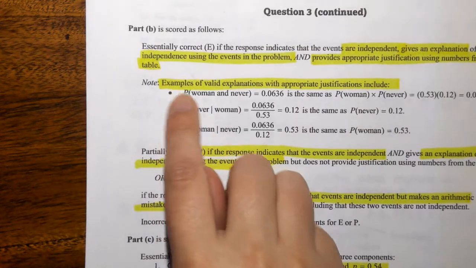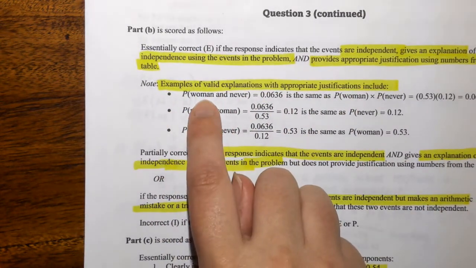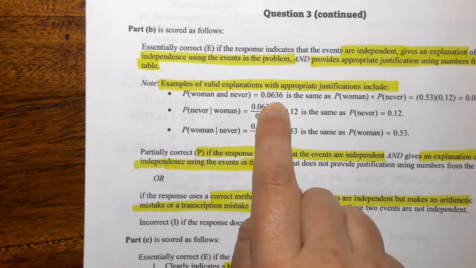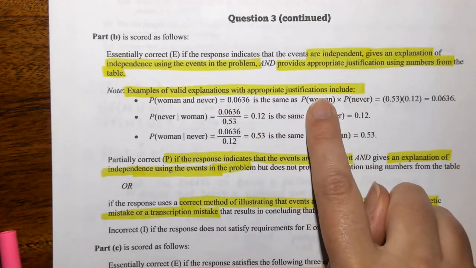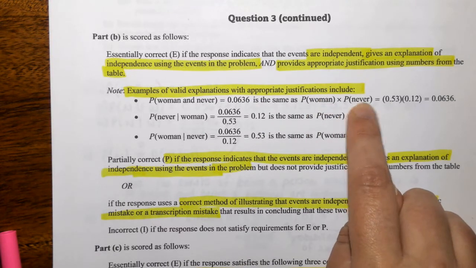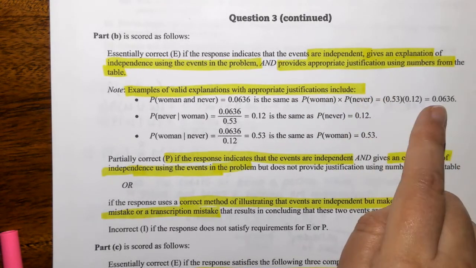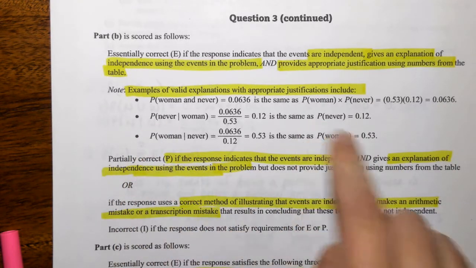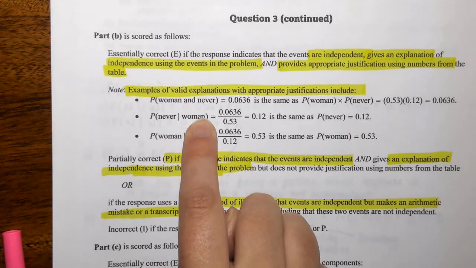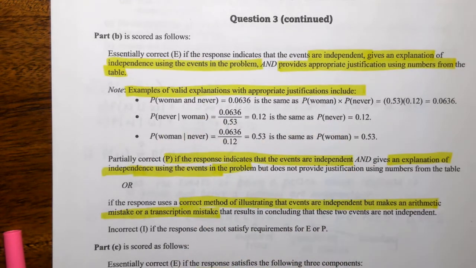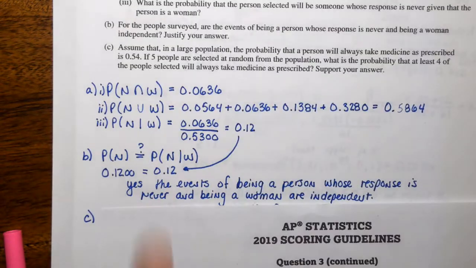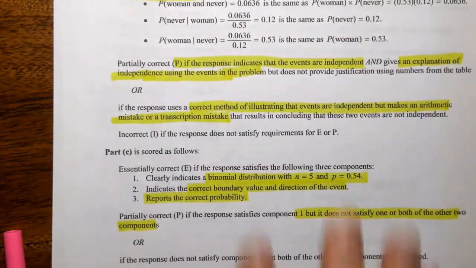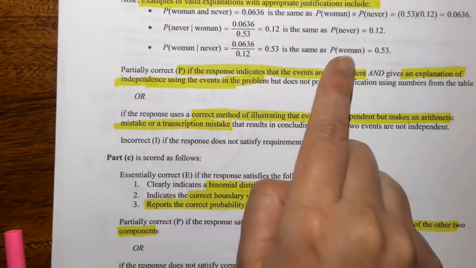Okay, so there's 3 different ways you can do this. You can use the multiplication rule, which says woman and never is the same as woman and never multiplied together. That's probably the easiest one. And then you can do either of the 2 conditionals. Never given woman is equal to never, and that's what I did. Or you can switch it around and do woman given never is equal to woman.